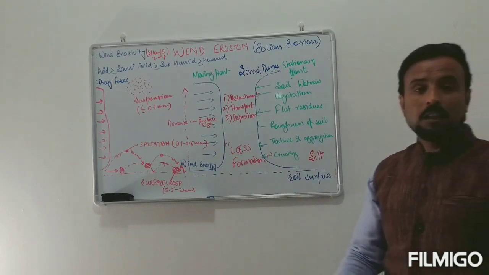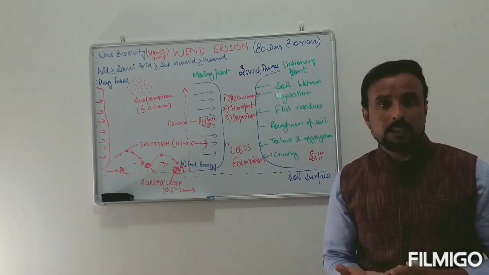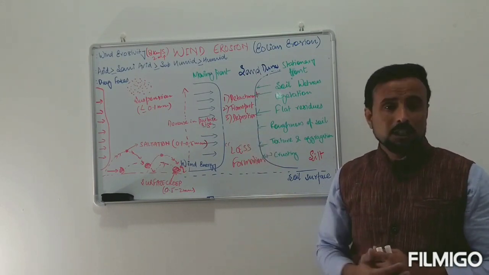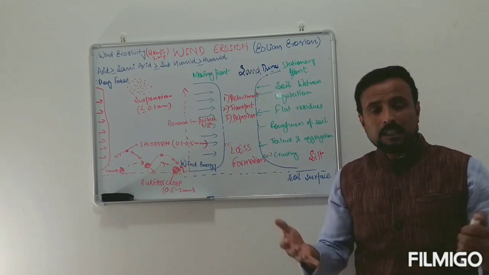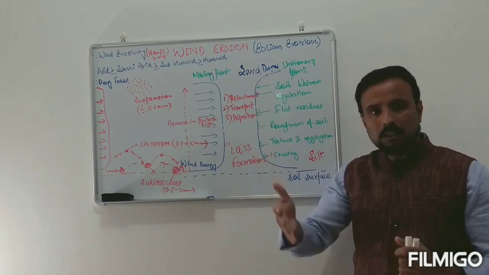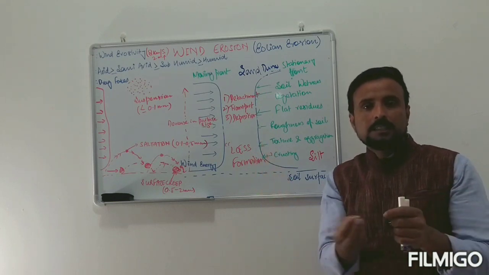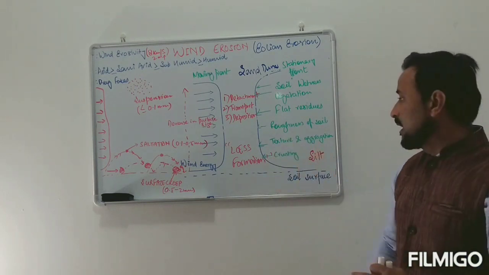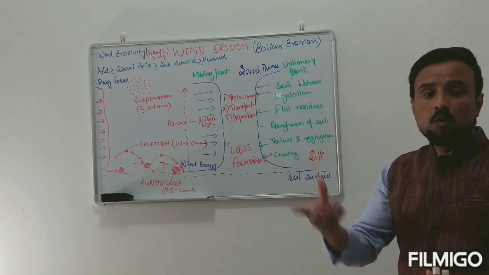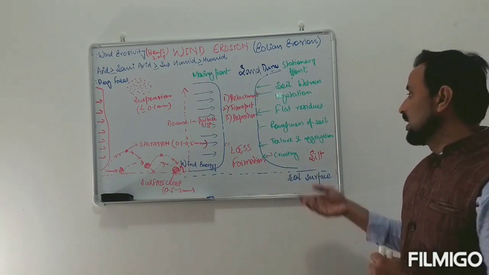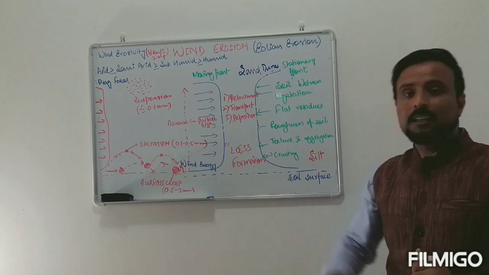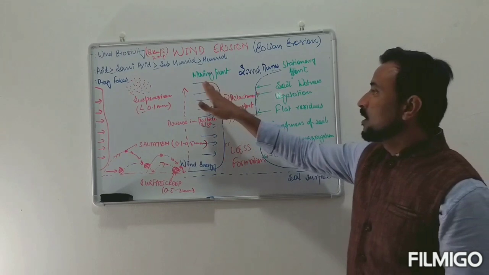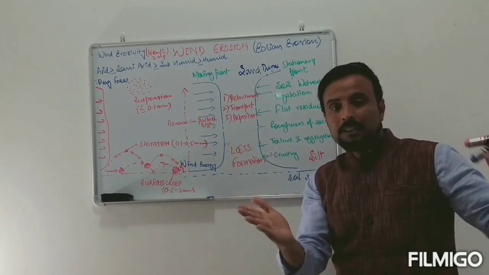So if a soil has better water holding capacity, holding a better amount of water, and its aggregation is good, where the particles, sand, silt and clay, are placed in a proper manner and well arranged, and if the texture of the soil has more heavy particles, and there is a crust layer on the surface, these things create a kind of anti-force to the wind force that is coming and taking the soil away.